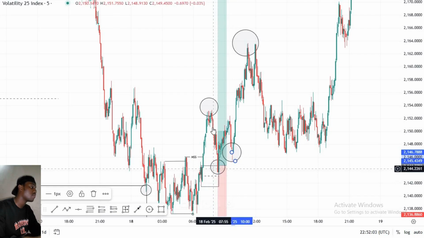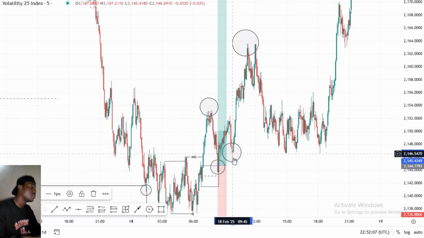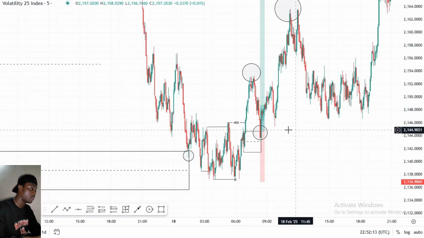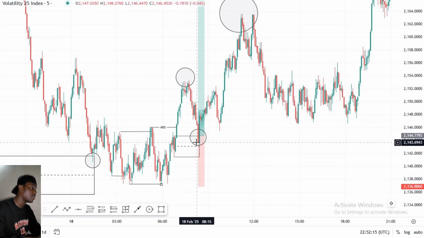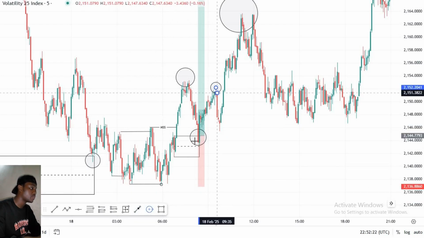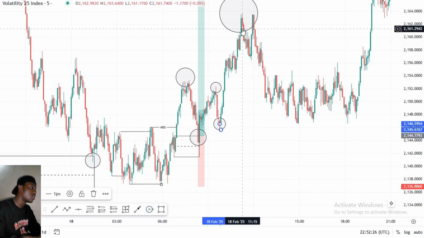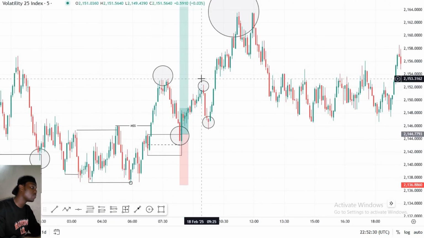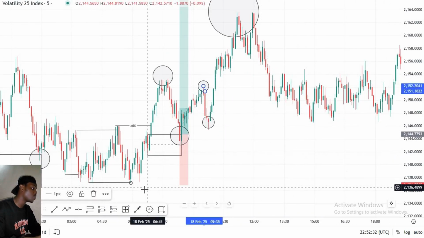So we have high, low, high, low. Let me refine it better. This is our first entry. Don't forget about it, this 11 hour entry. High, low, high, low, then our high. So what are we going to do? We see the market broke another structure to the upside.